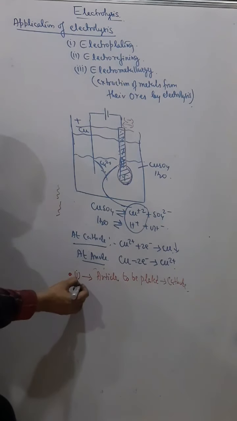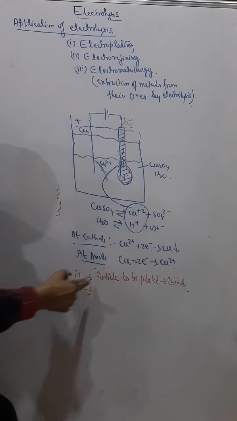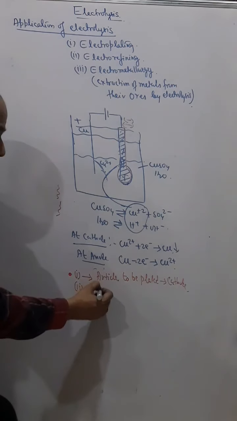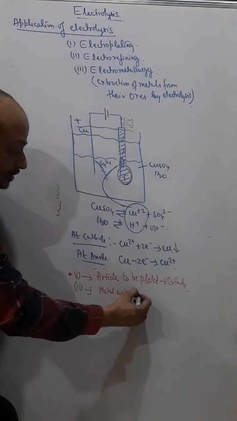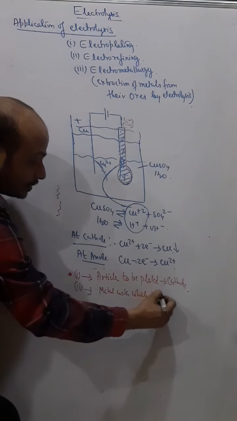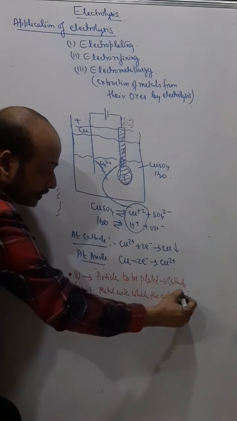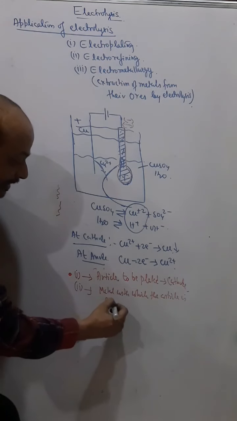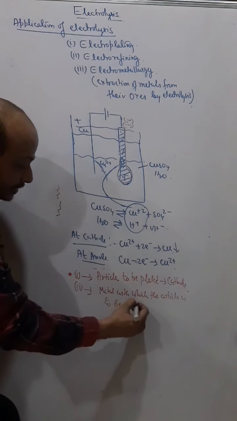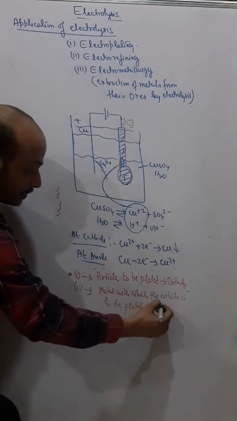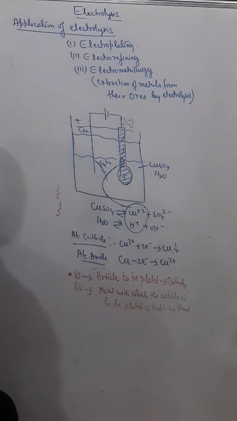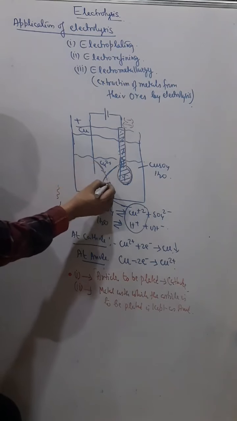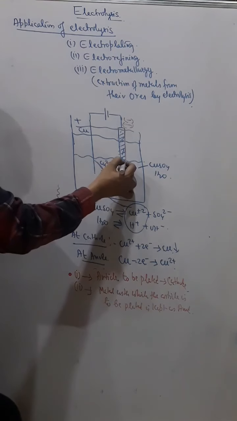Second thing, the metal with which the article has to be plated is kept as the anode. So naturally the copper ions should be released and then the copper ions will deposit.